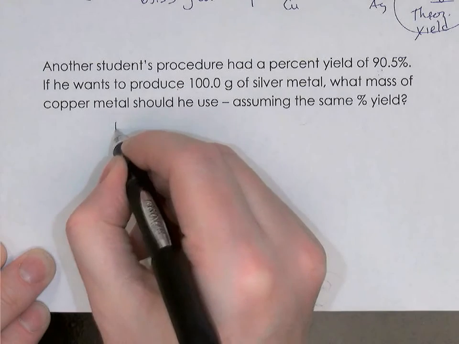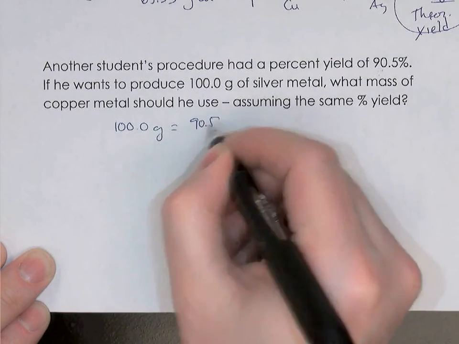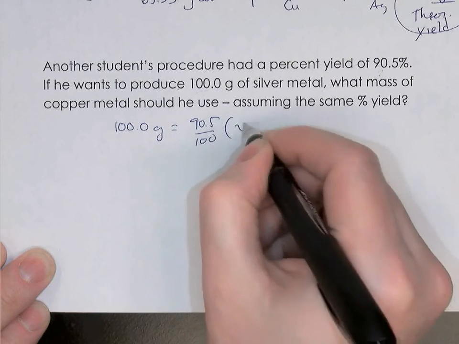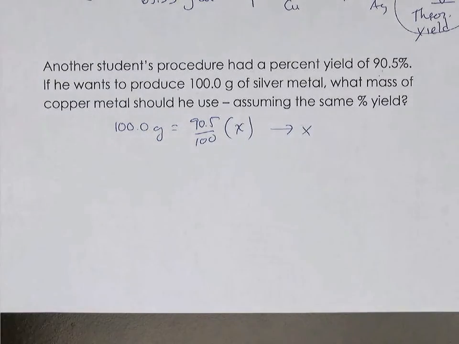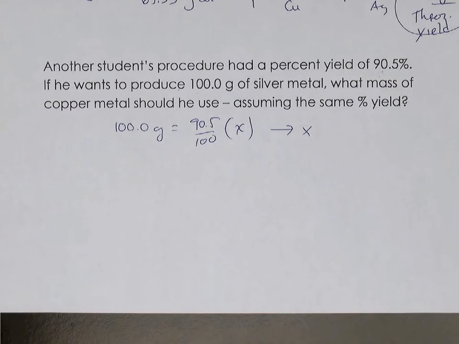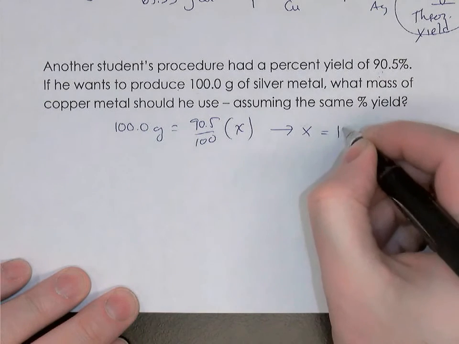So 100 grams is 90.5% of what mass? Solving here, 100 divided by 0.905, you should aim for 110.5 grams of silver.